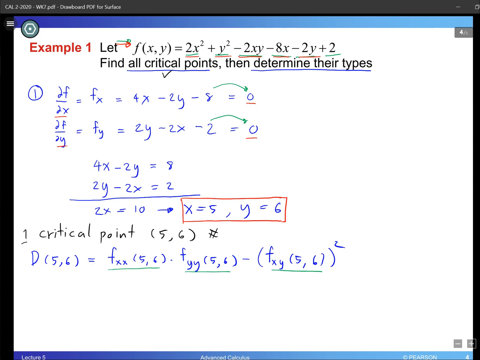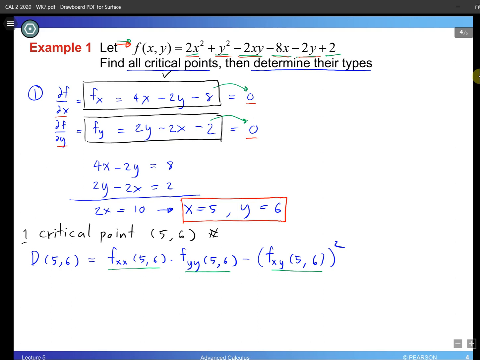So we are going to work further from this. Fx equal to this 4x minus 2y minus 8, this expression of first order partial diff, and this one too. We are going to diff this first one with respect to x, and we are going to get this f with respect to x first and then x later, and it's going to be equal to, let's diff this with respect to x.